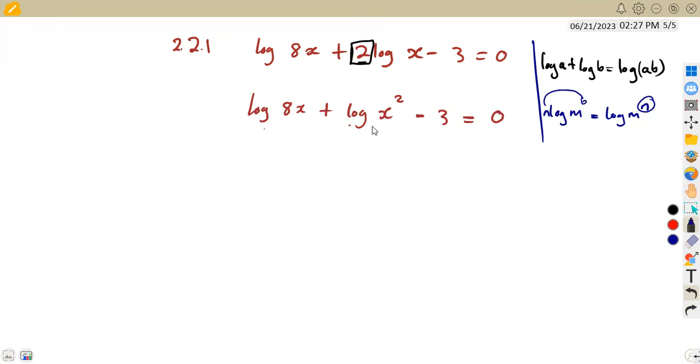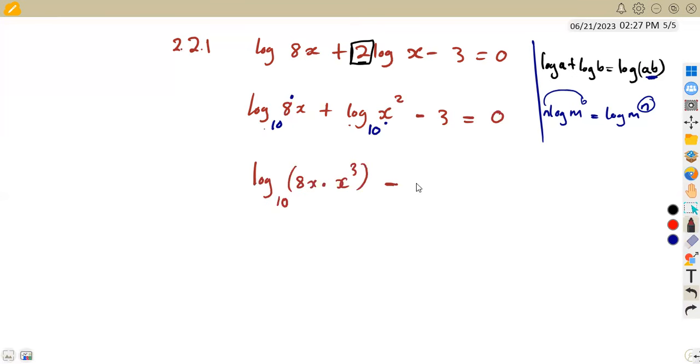If the base is not indicated, it means we have the base of 10. And if we are adding our logarithms, we can multiply the terms that are under those logarithms, meaning we can multiply the 8x and the x cubed. So we're going to have the logarithm of 8x multiplied to x cubed, everything in base of 10, minus 3.